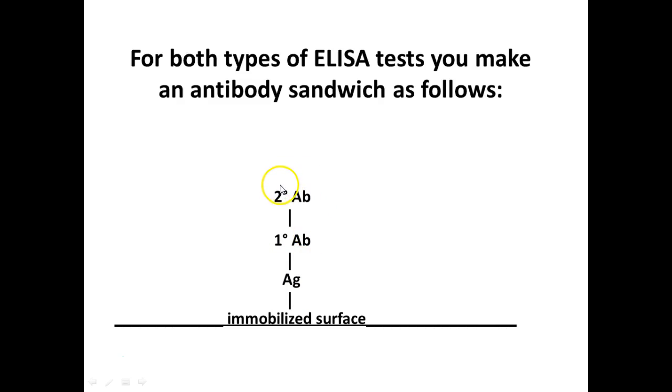Then we're going to add our secondary antibody. And what's special about this antibody? What does it have attached to it? What does ELISA stand for? Enzyme linked, right? So this one has the enzyme linked to it. And that's what it's going to help us visualize if all of this is present, right? If you had antigen binding, then the antibody, the primary one we're interested in, and then the secondary one with the enzyme.